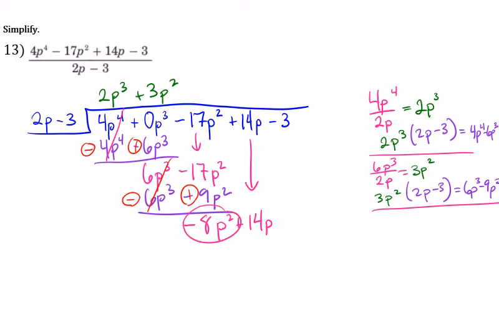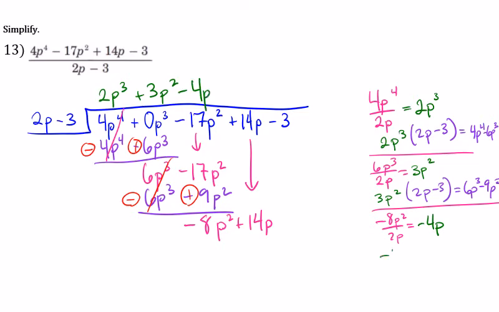So negative 8p squared divided by 2p. Negative 8 divided by 2 is negative 4. P squared divided by p is just p. Okay, so we get minus 4p up here.